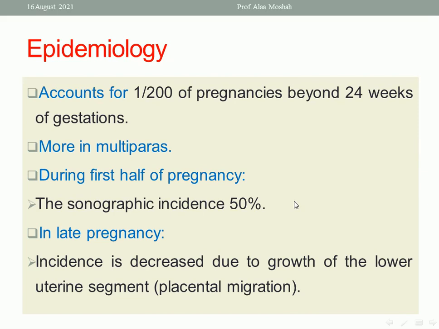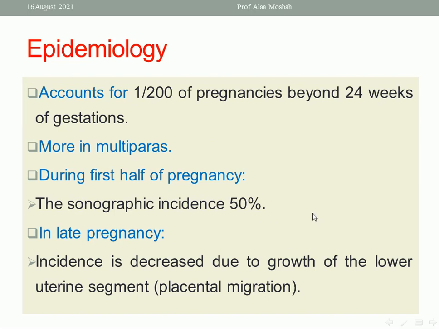But this is not true. Placenta previa, you cannot judge that this is a placenta previa except after passing the 24 weeks gestational age and by follow-up by ultrasound. So the incidence is 1 in 200, okay, after 24 weeks gestational age.